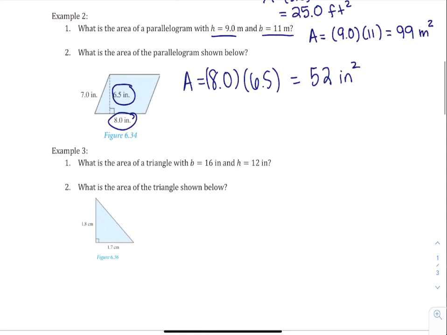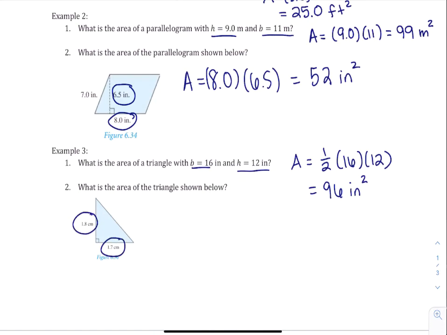In example 3, looking at the area of a triangle, here we're given base and height, so we can use the formula 1/2 base times height. And we get an area of 96 square inches. For this example, the two sides that were given hit at a 90-degree angle because we have that little square there.